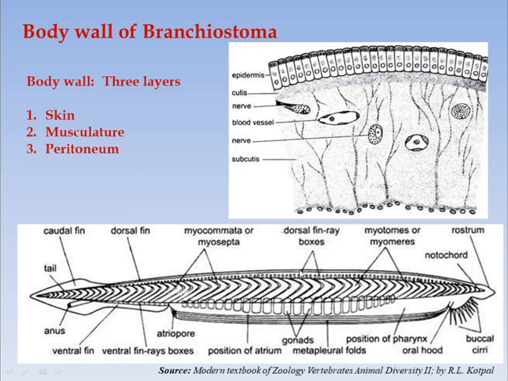So myotomes or myomeres help in lateral undulating movement of the entire body, whereas transverse muscles, which are present in the metapleural folds, contract and help in driving the water out from the atrial cavity through the atriopore. And the last one is peritoneum.